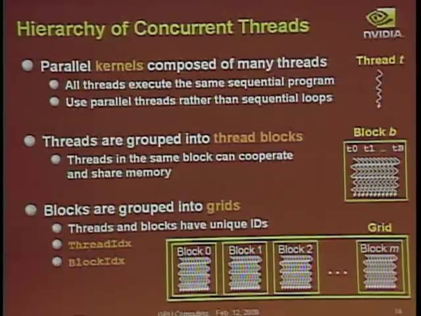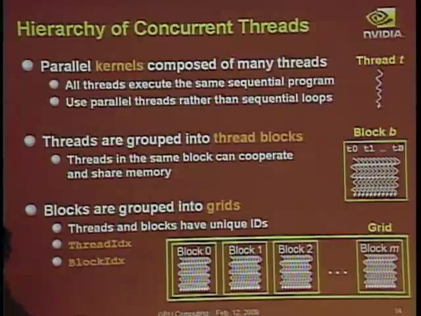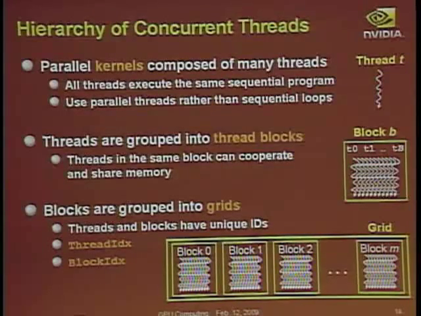Now, we do execute them in groups, and we have several layers or hierarchy of grouping. At the CUDA level, the next visible level of grouping is called a thread block or a thread array. And you, the programmer, declare how many threads you want to have in a thread block. But when we execute those in hardware, we try to execute as many of them as we can in parallel. And so in hardware, you'll see we have another in-between level of granularity called a warp, which I'll get to a little bit later.